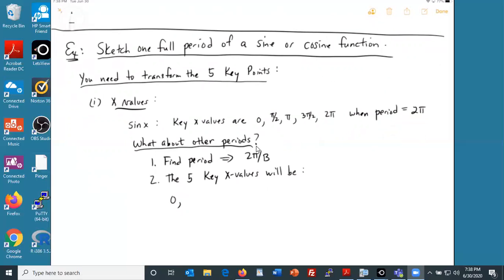That will stay 0. And then the next one will be 1/4 times the period, 1/2 times the period, 3/4 times the period, and then 1 times the period, which is the period. Okay? Oh, this is also for cosine as well. Cosine of x and sine of x. Okay?